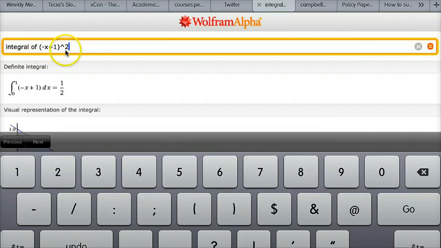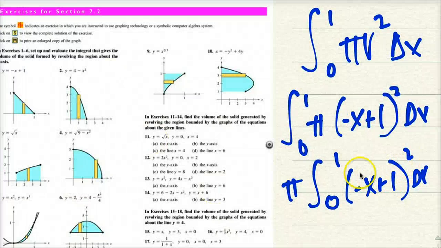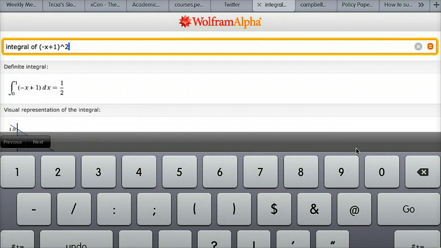So integral of negative x plus 1 squared, which is what we talked about, and I want it from 0 to 1. So I'm going to just write literally from 0 to 1, and then I'll calculate it. I'll press go.